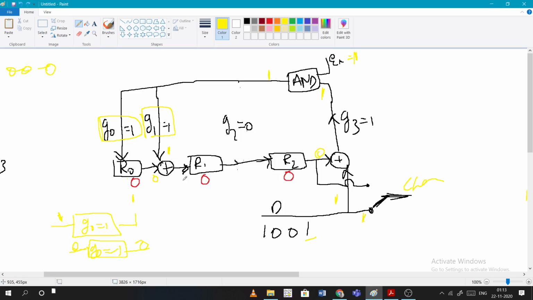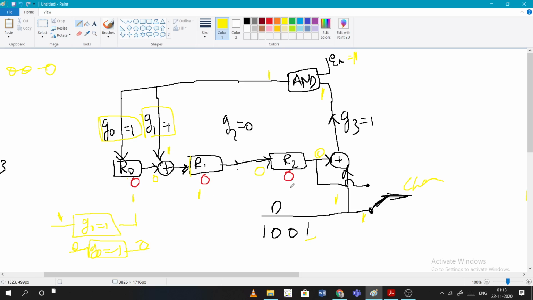That means the value that is being entered to R1 is 1. So to enter into the register, this should be empty. That's why this 0 will be shifted here. Okay. Actually there should be a modulo-2 adder, but there is nothing here because G2 is 0. That's why the same contents of R1 will be moved to R2.